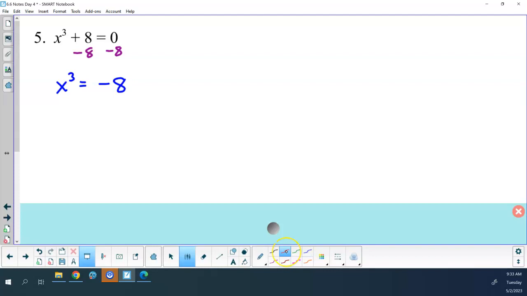And then I should take the cube root of both sides, right? And I get x equals negative 2. What's wrong with that?